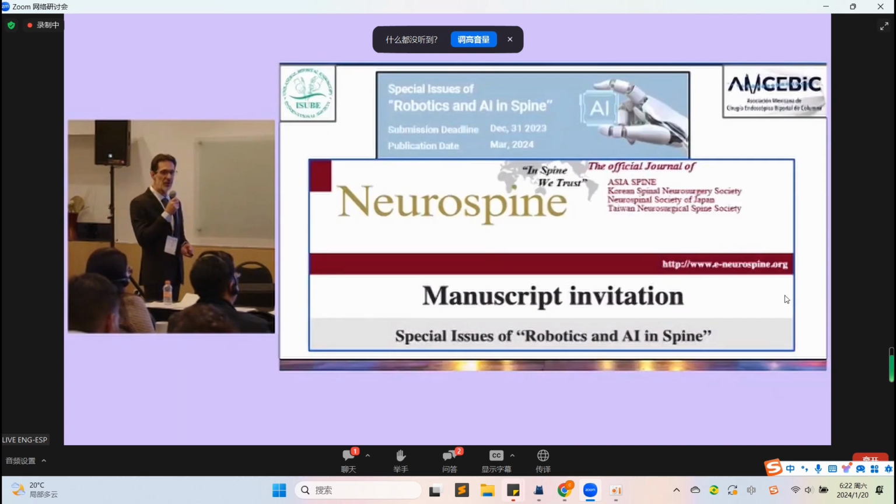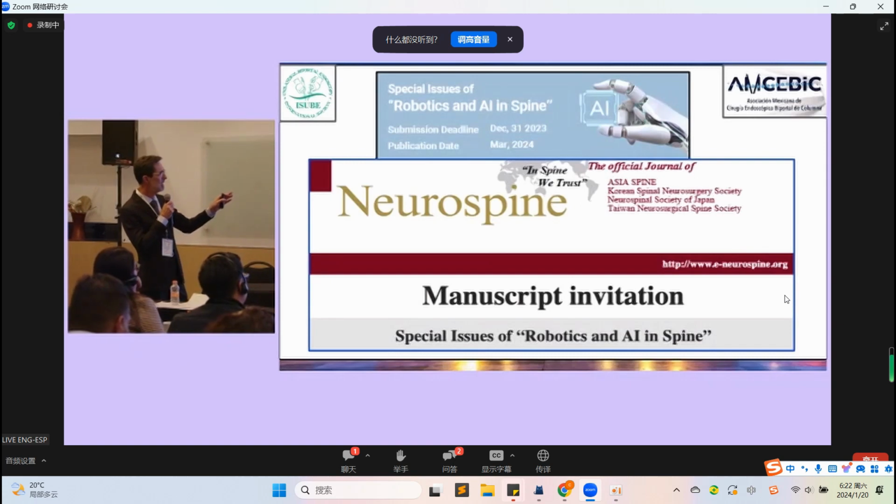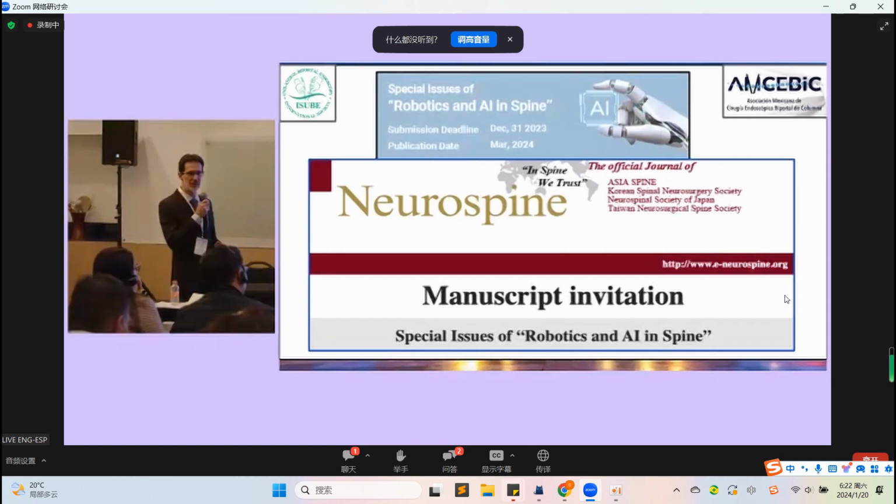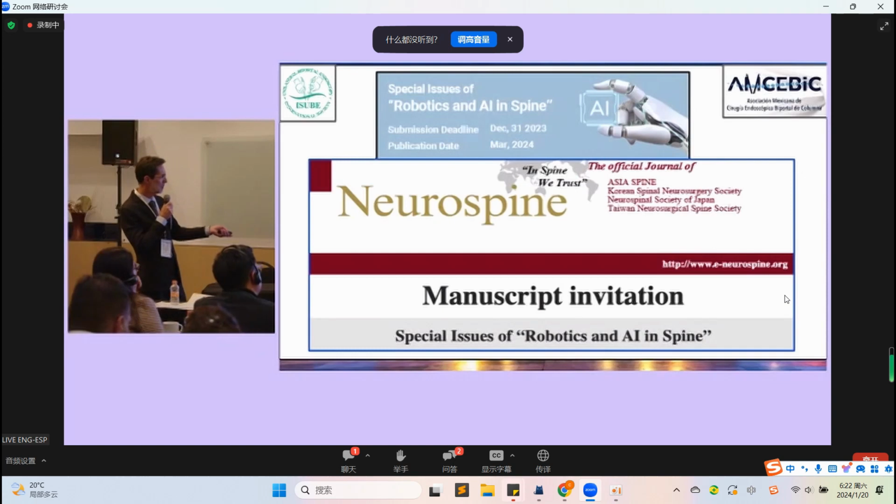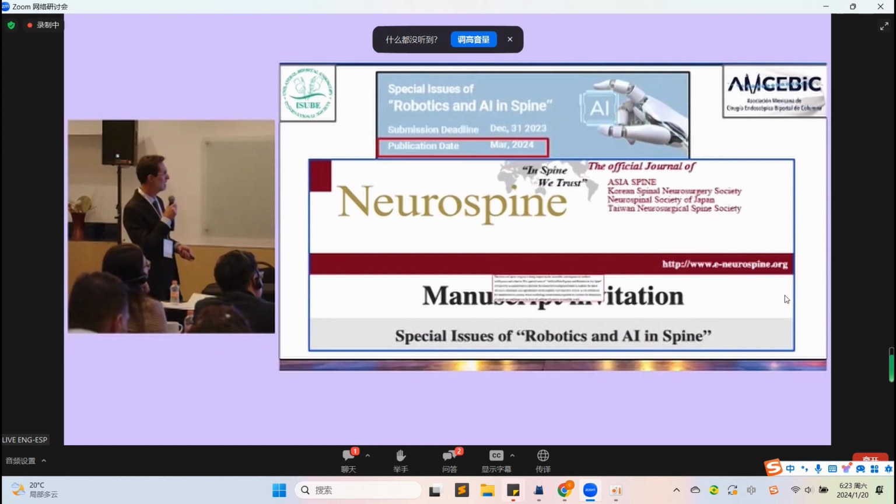The topic is very, very interesting. Some journals are preparing special issues, like Neurospine. Publication date, March 2024, about robotics and AI in the spine.